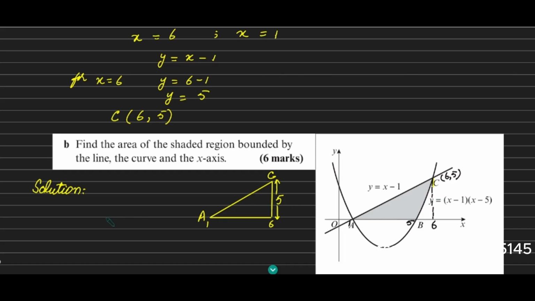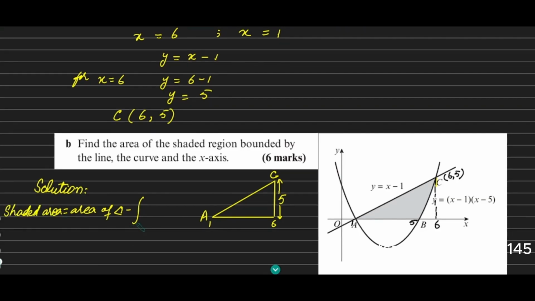Now we solve. We will write at first area of triangle minus area under the curve. For this, we will use minus area under the curve.